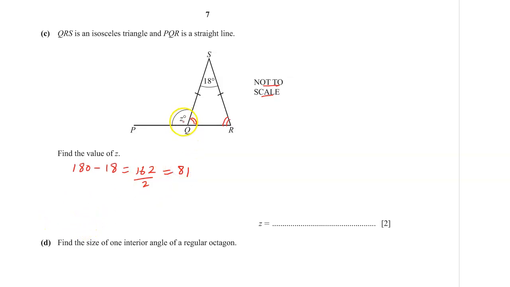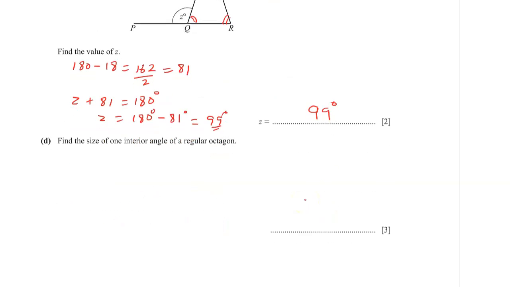Therefore, to get Z, angles on a straight line add up to 180, we know that Z plus 81 is equal to 180 degrees. Therefore, Z is equal to 180 minus 81, and you'll get 99 degrees. Z is 99 degrees right there.